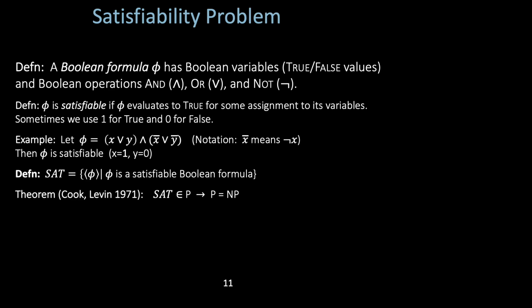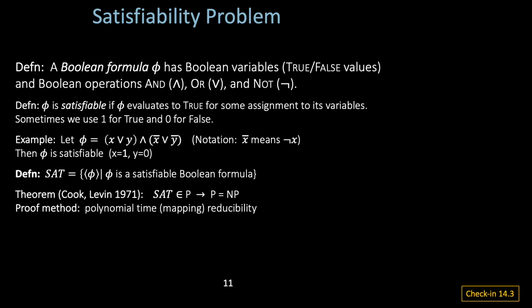This is the canonical NP problem because in 1971, Cook and Levin proved that SAT being in P would imply that P is equal to NP. We'll talk about this in a moment, but we are going to see that there's a polynomial time mapping reduction from all problems in NP to SAT.